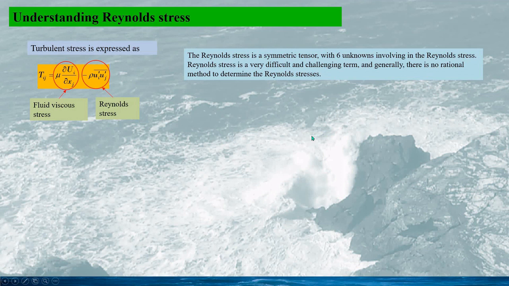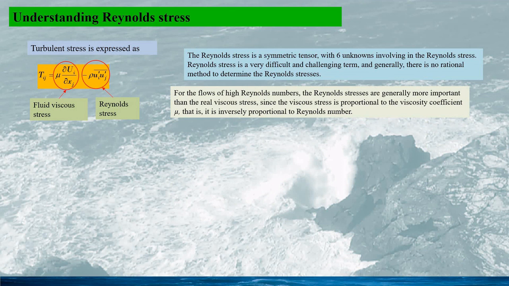From the expression, we can see Reynolds stress is a symmetrical tensor with 6 unknowns involved. Reynolds stress is a very difficult and challenging term, and generally there is no rational method to determine the Reynolds stress in analytical or numerical solutions for the Navier-Stokes equation.